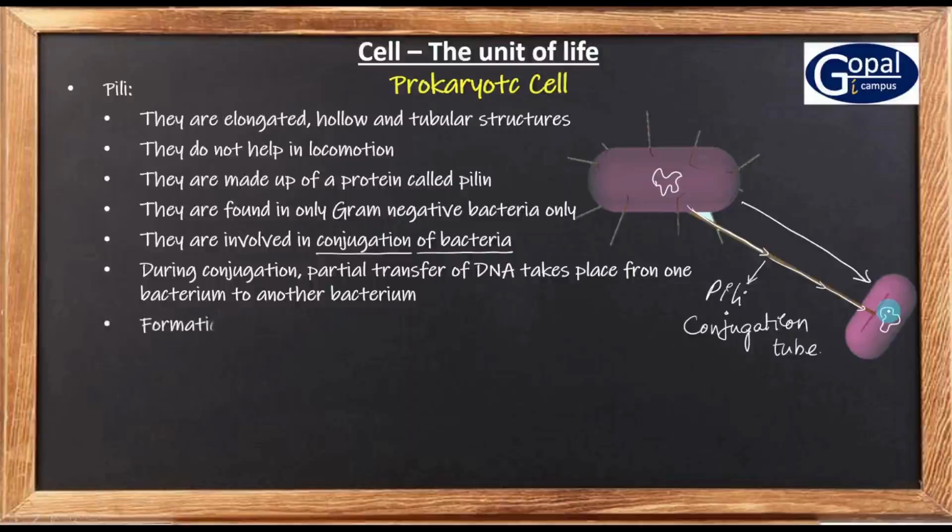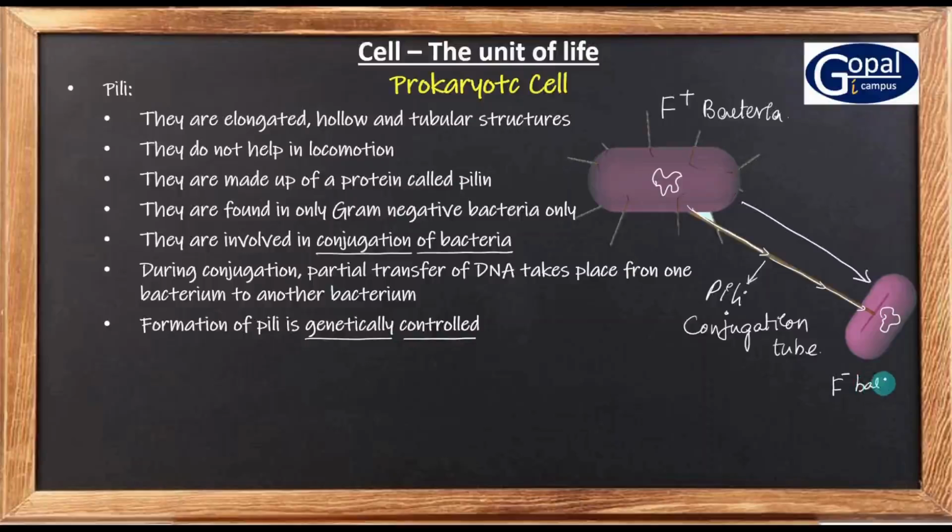The formation of pili is a genetically controlled mechanism, and it is seen only in some bacteria. The bacteria in which pili are formed are called F plus bacteria. The bacteria in which pili are not formed are called F minus bacteria.